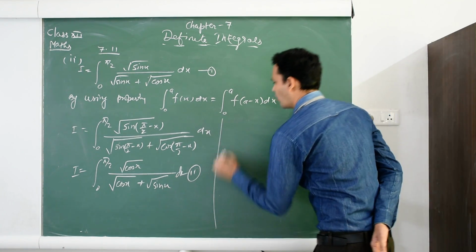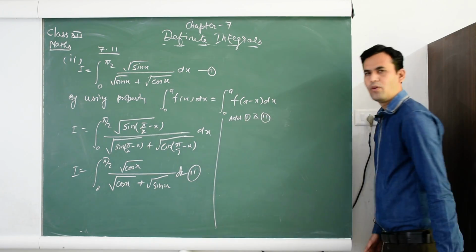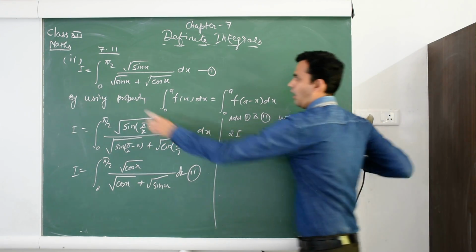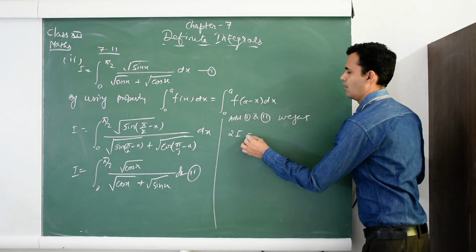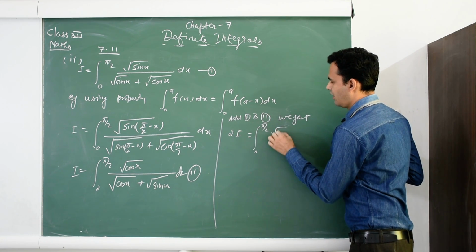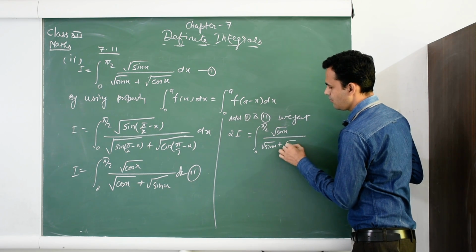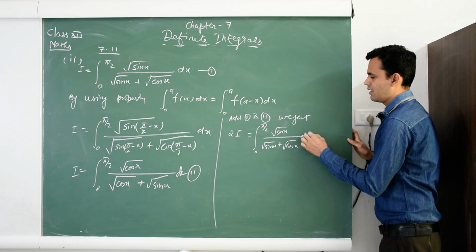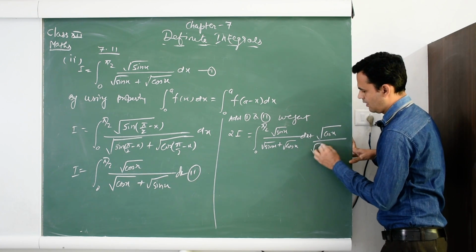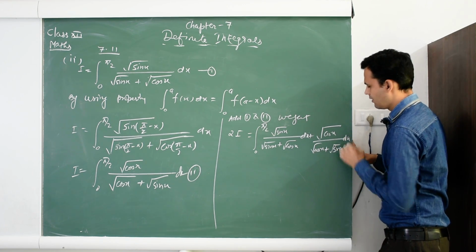Add equation number 1 and 2. Add first and second. We get 2I, I plus I, 2I. This 0 to pi by 2 is common, and root sin x upon root sin x plus root cos x dx plus root cos x upon root cos x plus root sin x dx.